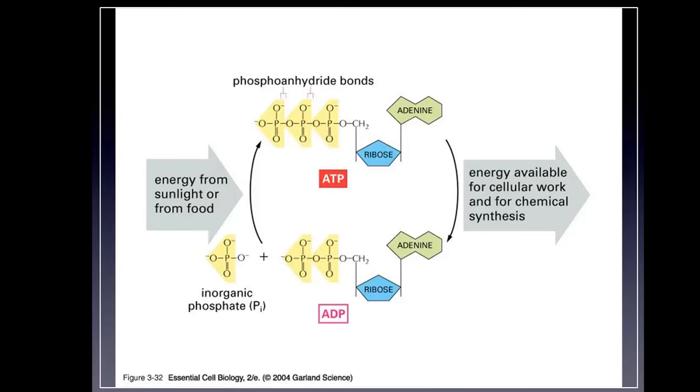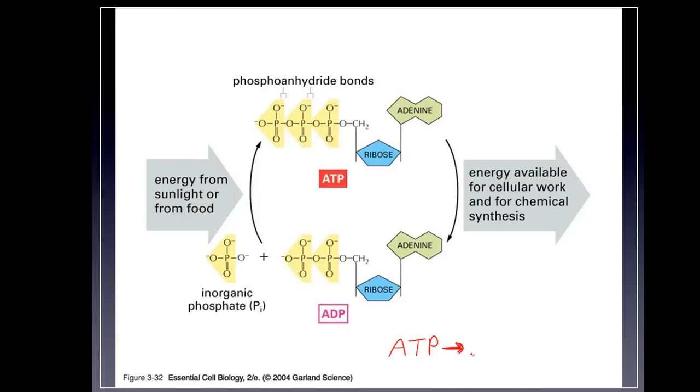Okay, there's a lot of misleading diagrams in some biology textbooks. It looks something like this. So this is not correct, but I'm going to show you this because it's so common. We know that ATP provides energy for the cell, and so sometimes you see it written like this.